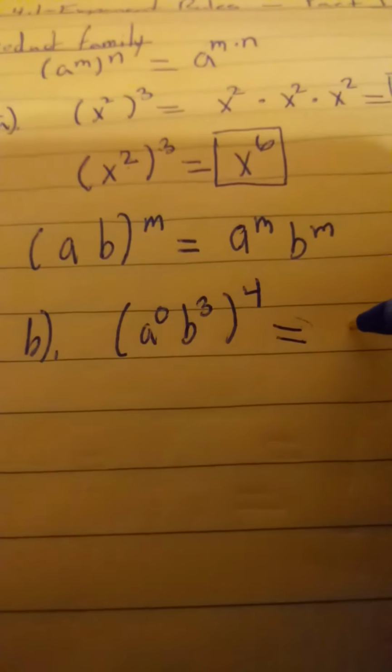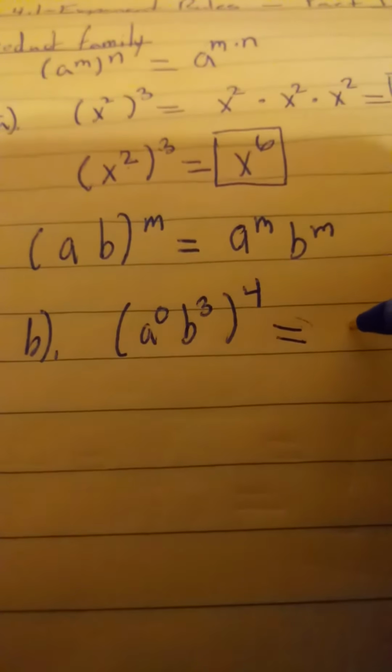Now, once again, we have a raised to the 0. So we've got to remember what that exponent rule represents. At the very beginning, I told you that a raised to the 0 equals 1. Well, guess what's going to happen here? A raised to the 0 will become 1.